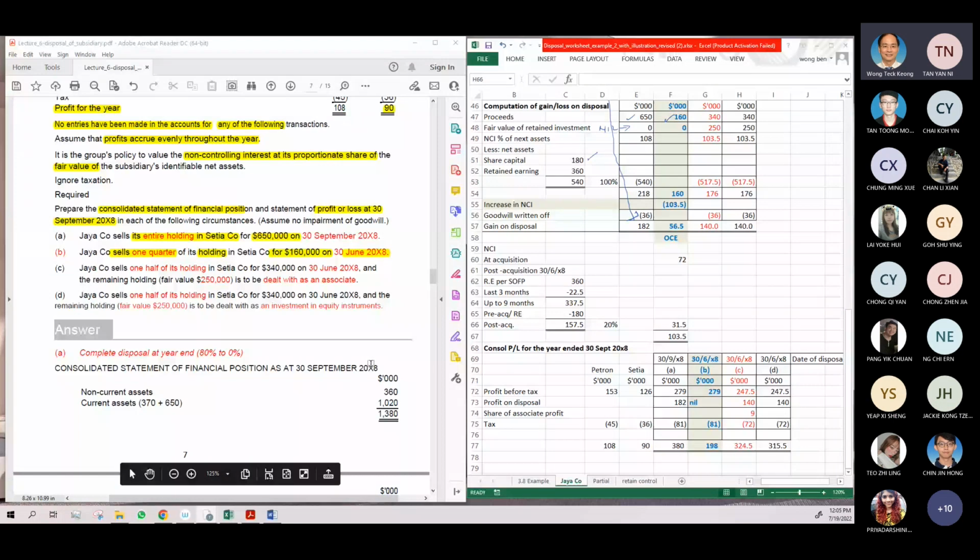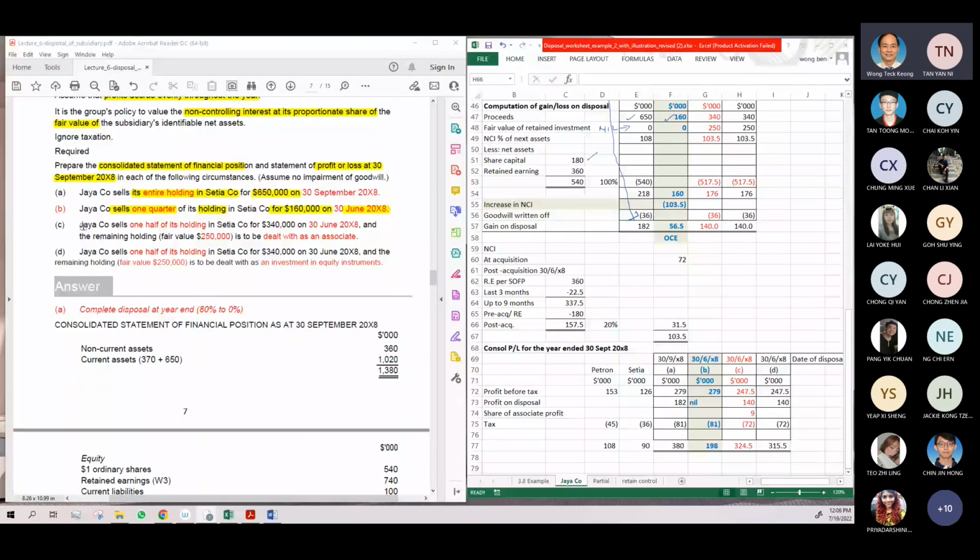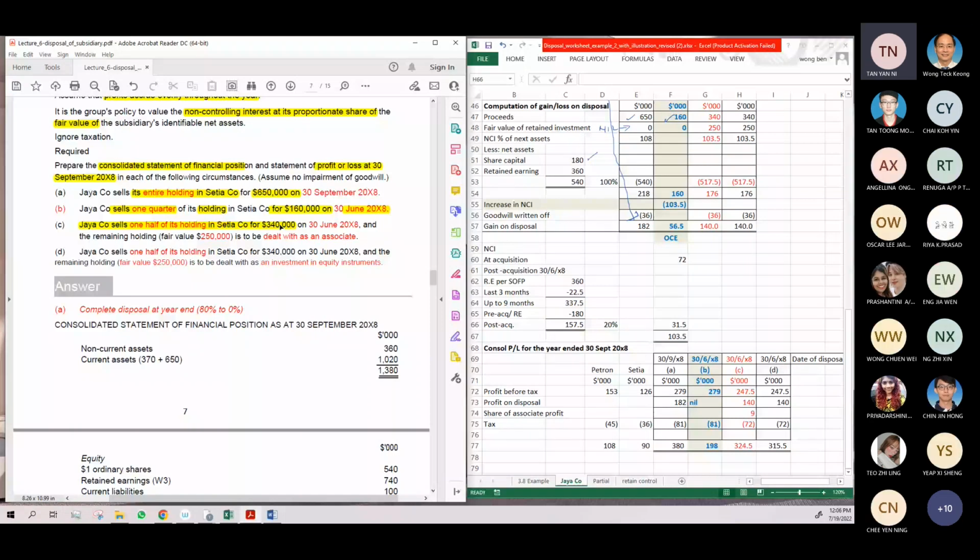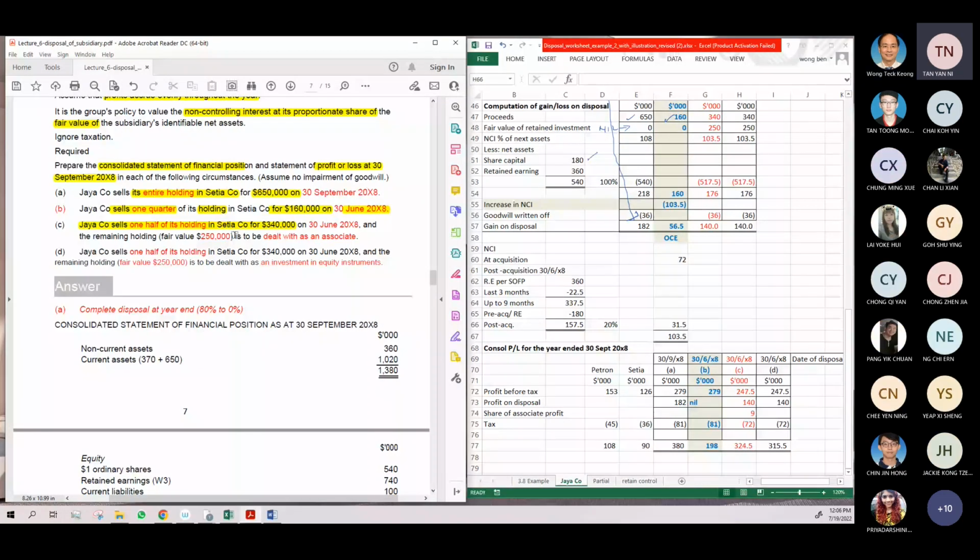Okay, now we'll just test you a bit. See here, Zaya sells 1/2 of the holding to Sedia for 340. So is this loss of control or retain control? One half means 50% of it. Number C. So they lost control or retained control?